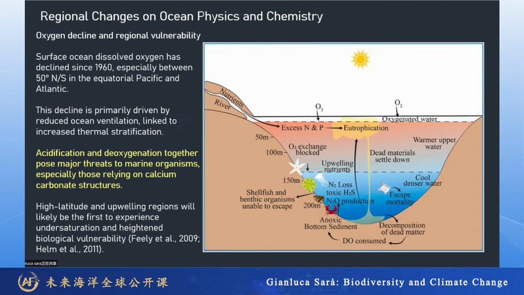And the reduction of oxygen level is maybe one among the worst factors affecting biodiversity. And then we need to understand how deoxygenation has effects on our individual response.